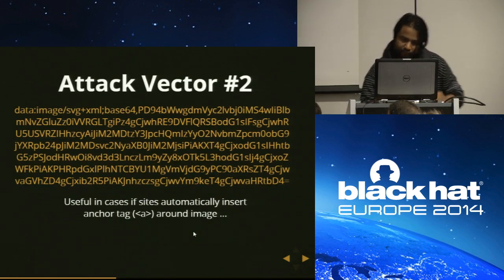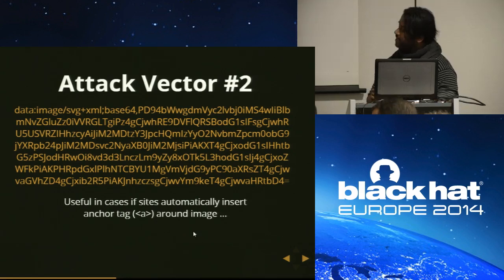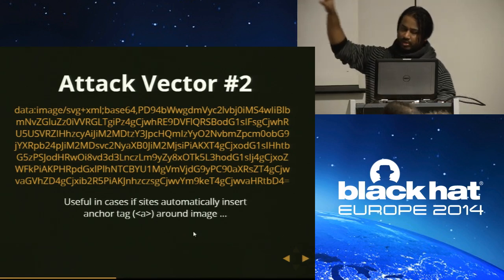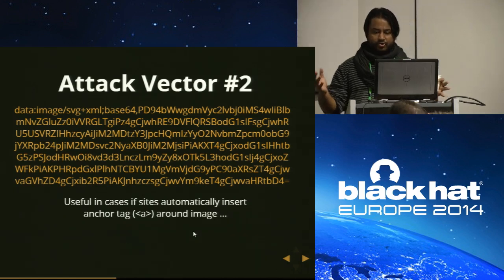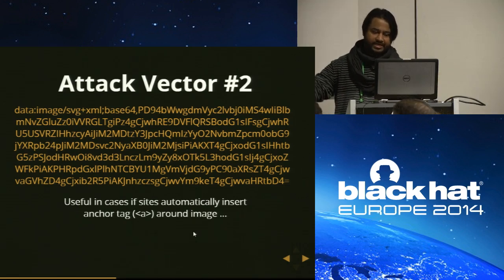Second, if a site or WYSIWYG editor allows you to insert an image, then the second attack vector you can use is this one. This is data URI based JavaScript execution in combination with SVG and XML.